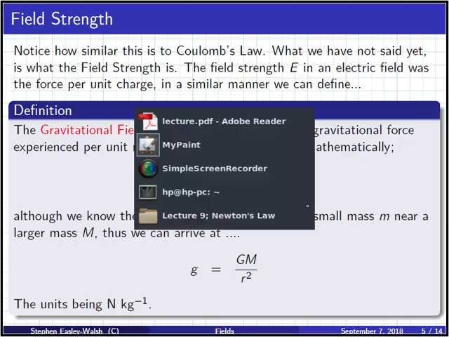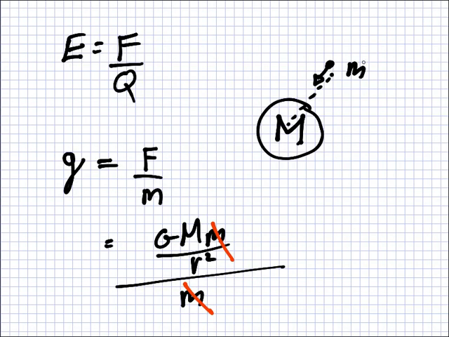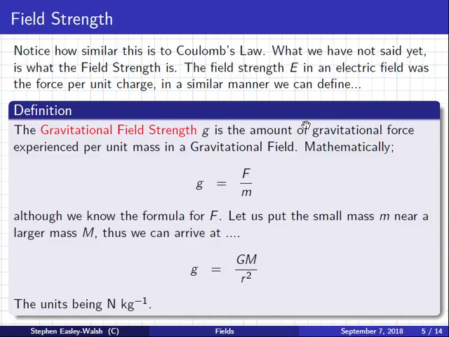The big M is the planet, for example, and the small m is like the person or the spaceship or whatever. So this is another way of calculating the gravitational field strength. And the units, of course, are newtons per kilogram. Newtons per kilogram. Got that? And you see it's newtons per kilogram.